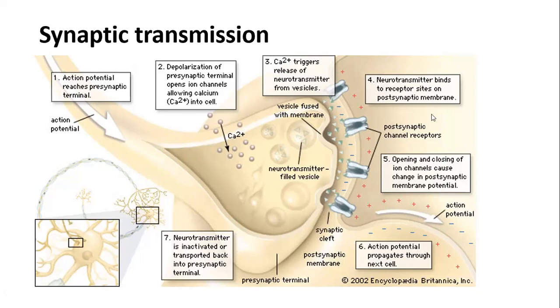For the neuron, the end result will be an action potential that is initiated at the axon hillock. So that is one difference.